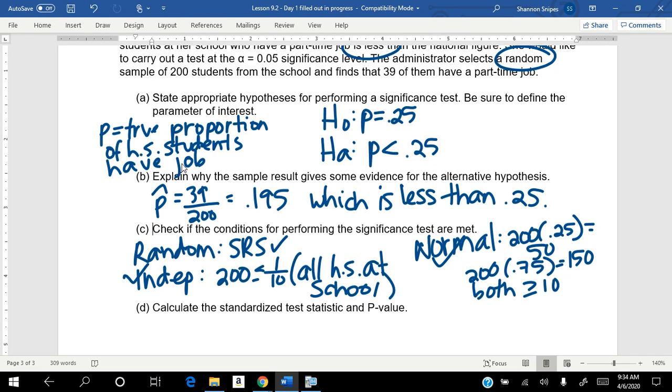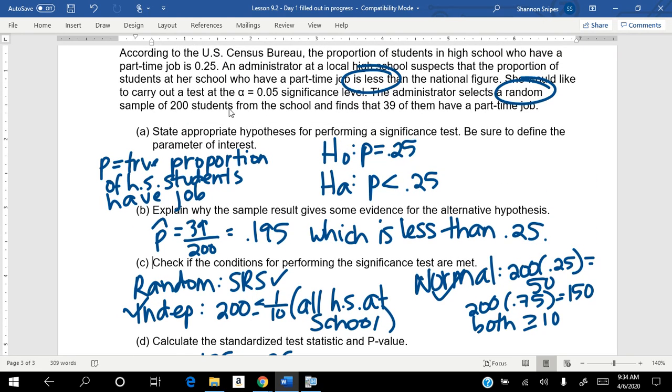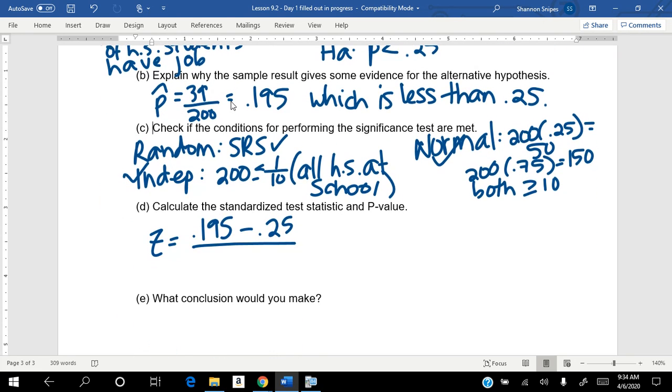So let's calculate the standardized test statistic and our p-value. So z is our statistic, 0.195, p hat, minus 0.25 divided by the standard deviation, which is, where'd it go? Oh, I've got to calculate it.